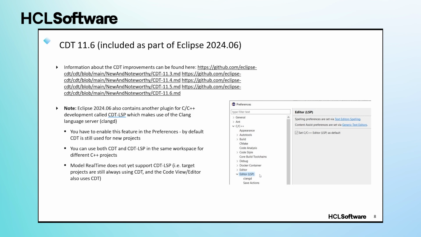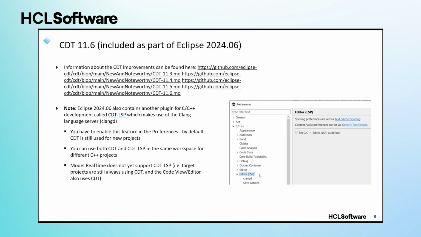So LSP stands for Language Server Protocol, and it is actually a new implementation of CDT, which is not based on the old approach where C++ files are indexed and analyzed in the same workbench process of Eclipse, but instead uses an external language server. And in this case, it's using clangd, which is a Clang language server. And this is actually the same technology that is used in Code RealTime and Visual Studio Code and Eclipse Theia.